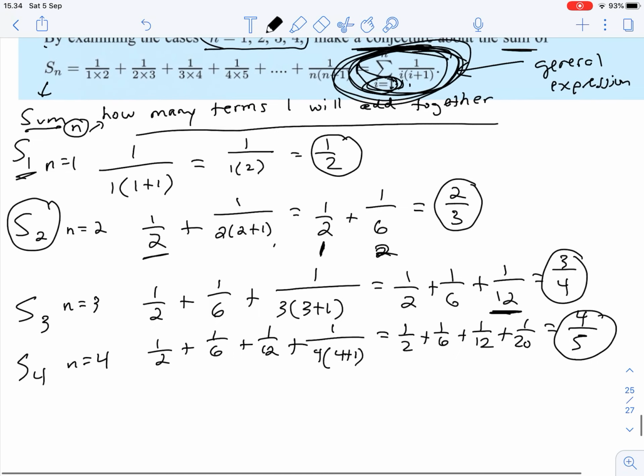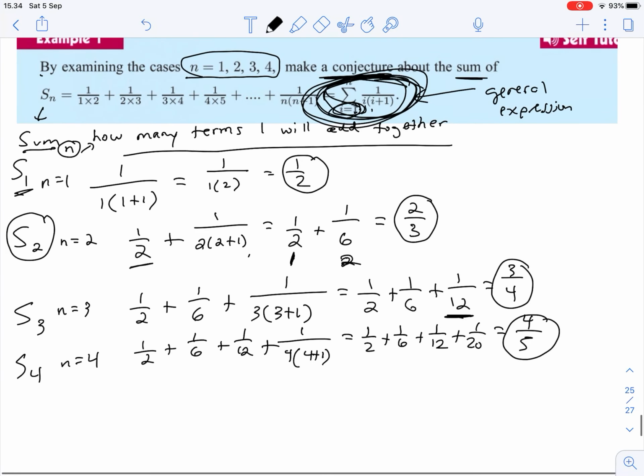Now we pause here for a second, because as mathematicians, I hope maybe you notice a pattern that's going on here with the partial sums of each of these. Notice that my sum here is 1/2. My sum here in the first two terms is 2/3. My sum of the first three terms is 3/4. My sum of the first four terms is 4/5.